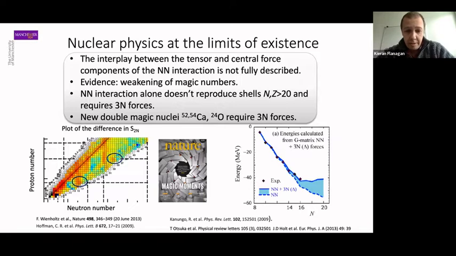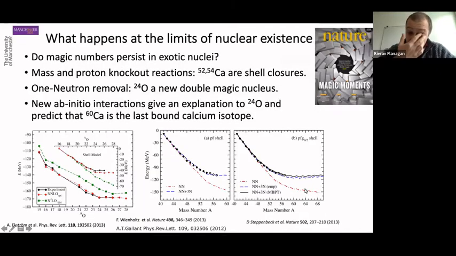This is articulated quite well with the new shell closure at oxygen-24, in this example on the right, which requires 3-body forces to really describe the observed masses. We can then look at these recent results, and there has been a huge amount of work studying these isotopes and using the latest interactions to really understand what's happening.